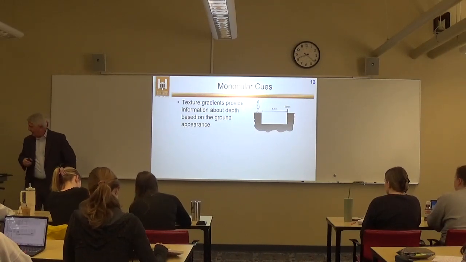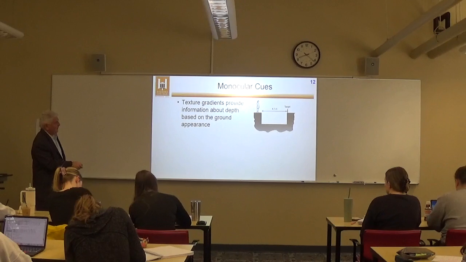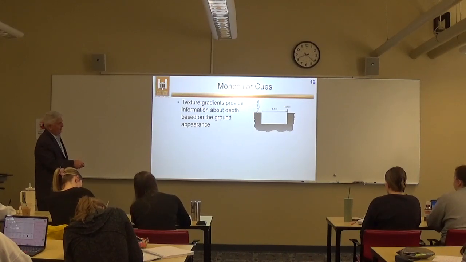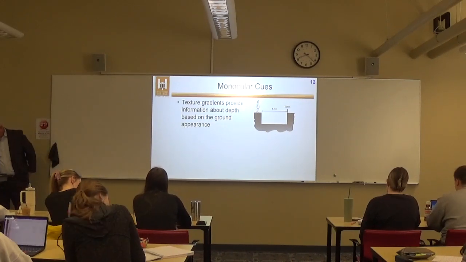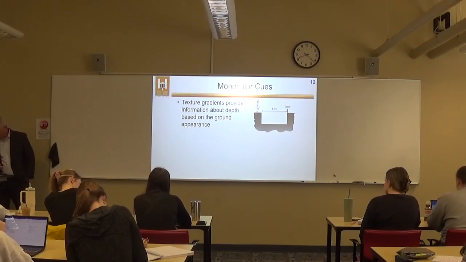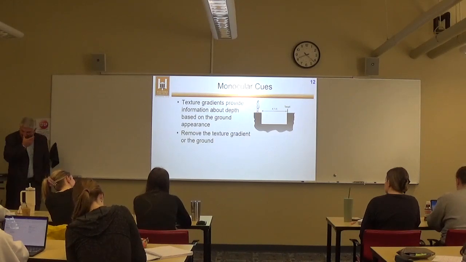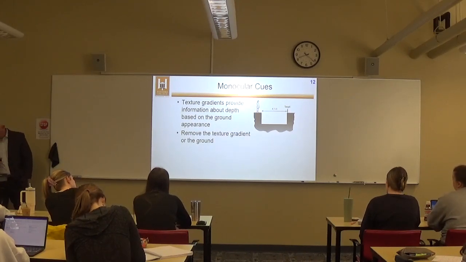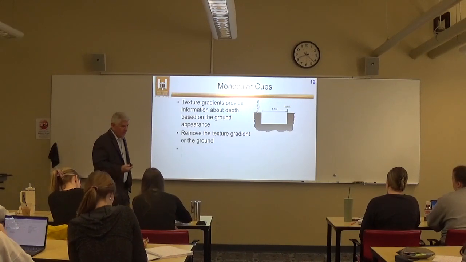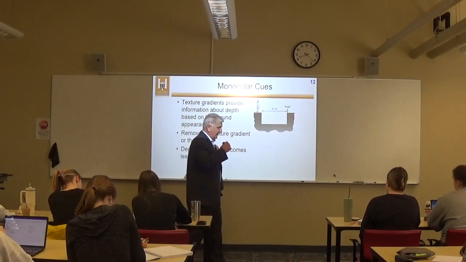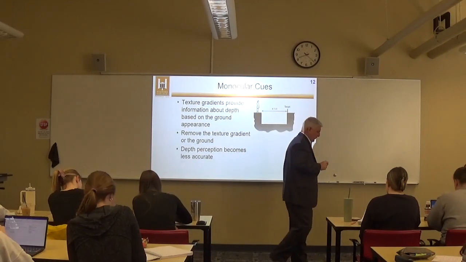And if we take away our texture gradient, right, so you're standing on a ledge, and there's a target over here, right? Do you think if we remove the texture gradient, depth perception becomes less accurate? In what way do you think it becomes less accurate?